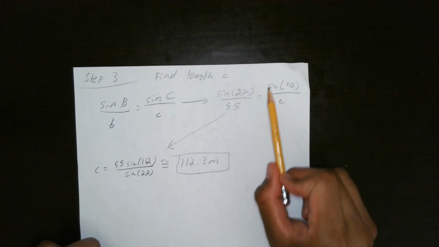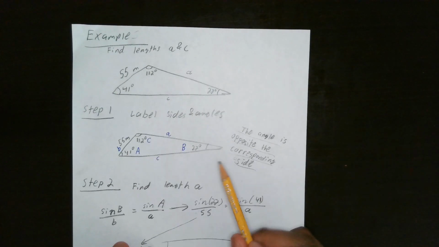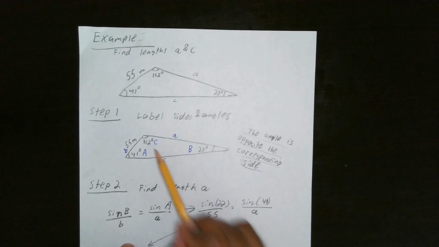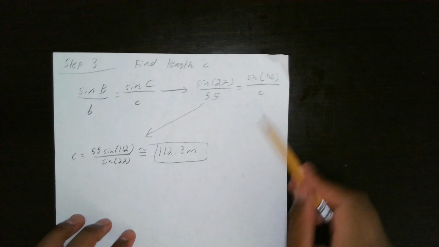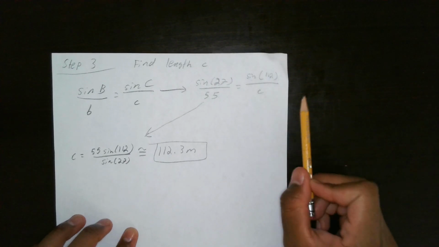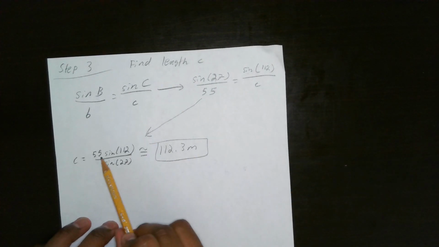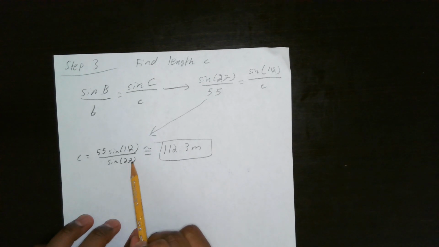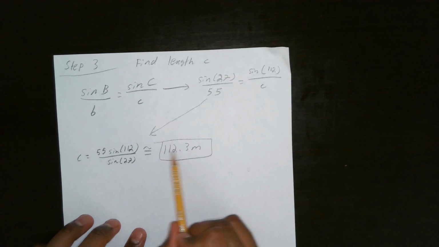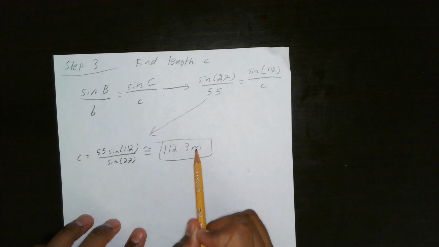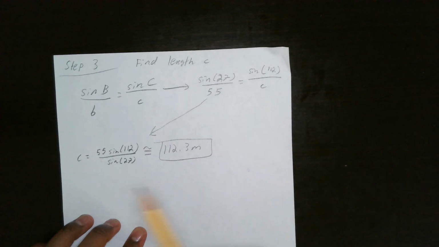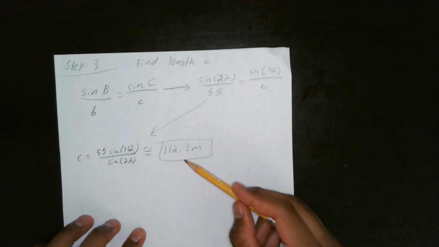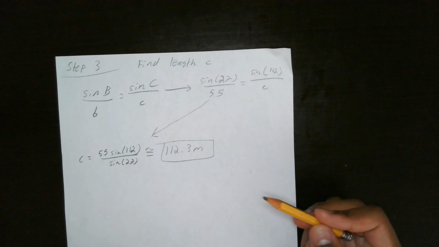So this is equal to the sine of angle C, that is 112 degrees. Now we isolate for C, and we get 55 sine of 112 degrees divided by sine of 27 degrees. That's equal to 112.3 meters. So we have side C equal to 112.3 meters.